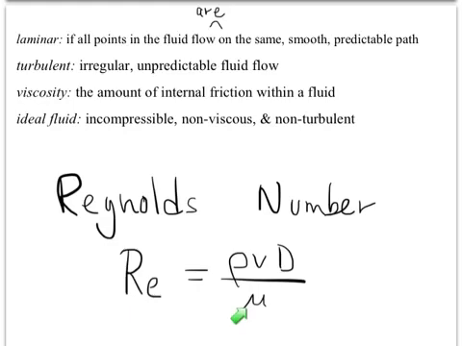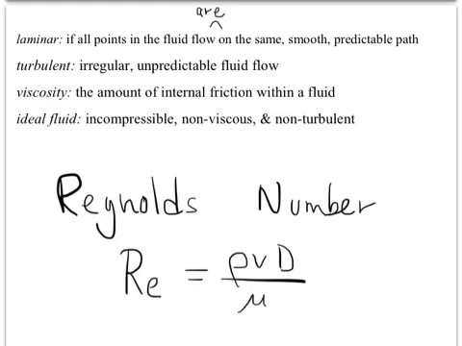Remember, if you divide by a bigger number, the result is smaller. These are indirectly related. If you increase this, the quantity goes down. So the higher the viscosity, the lower the Reynolds number. And a low Reynolds number indicates laminar flow, which proves to us that things like syrup or honey have a high viscosity and a low Reynolds number. They flow slowly with laminar flow.